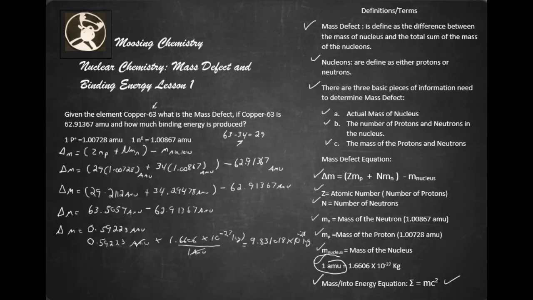E equals mc squared. Now that we have E equals mc squared, let's go ahead and plug in our information. E equals our mass, which we calculated to be 9.831018 times 10 to the negative 28 kilograms.